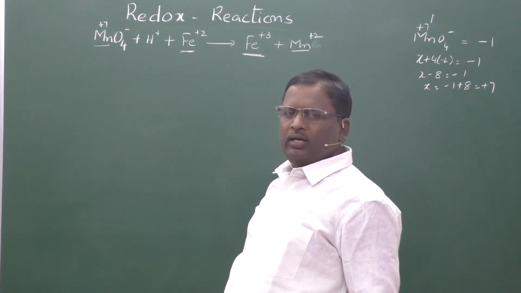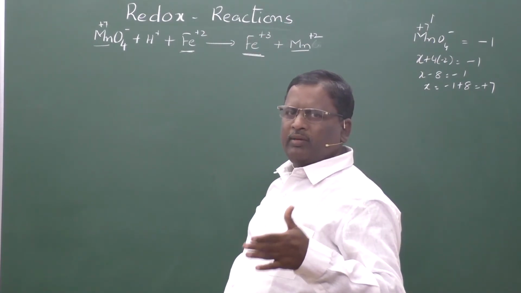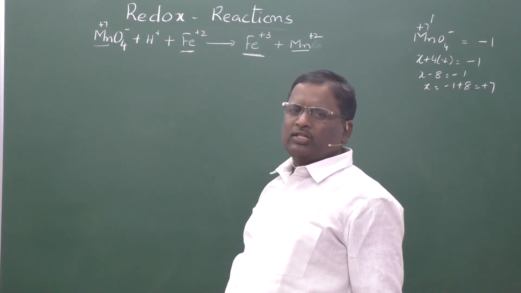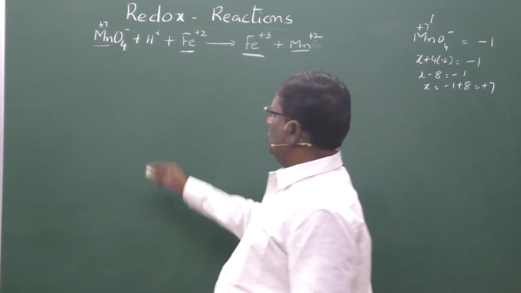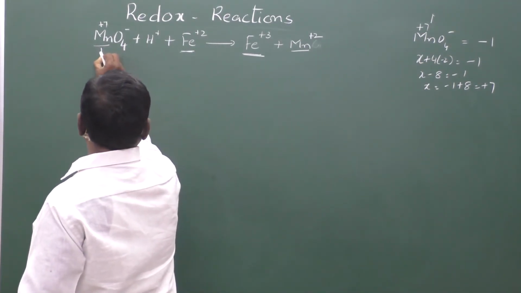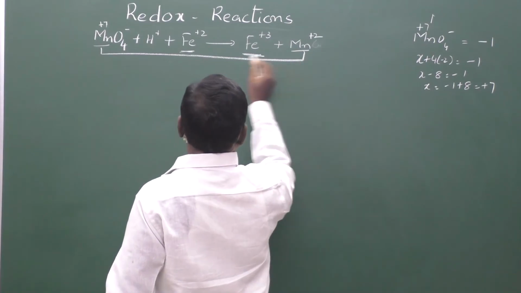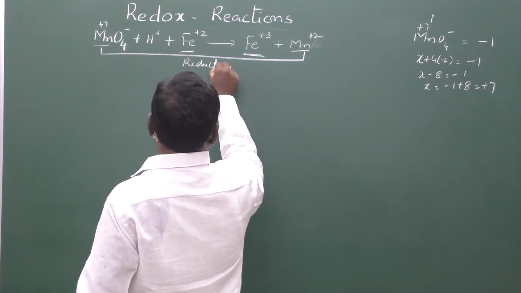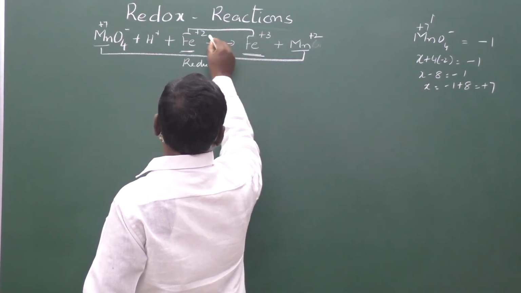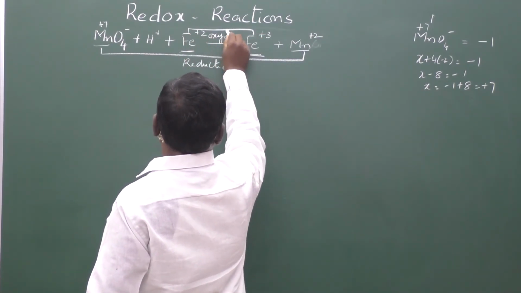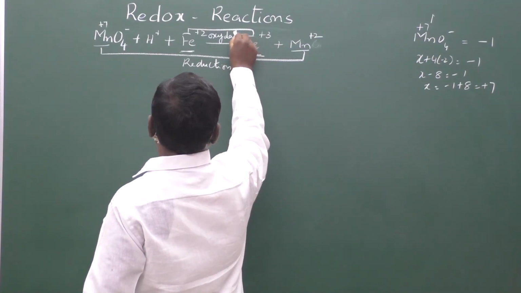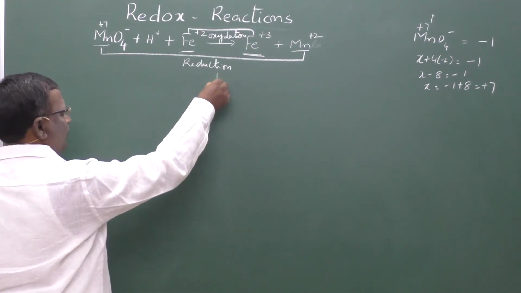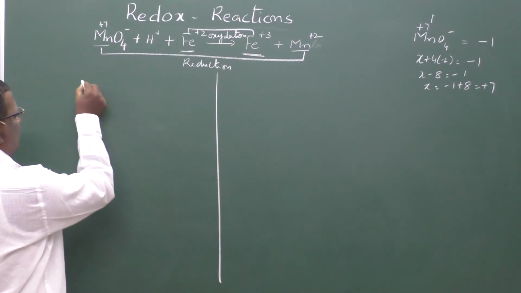So, MnO4 minus is reduced to Mn plus 2, whereas Fe plus 2 is oxidized to Fe plus 3. So, this is reduction, and this is oxidation. Now, split the equation into two half reactions, namely the reduction half reaction and the oxidation half reaction.